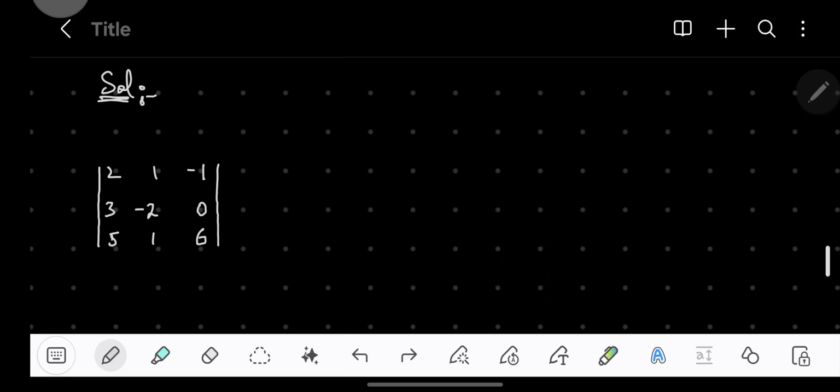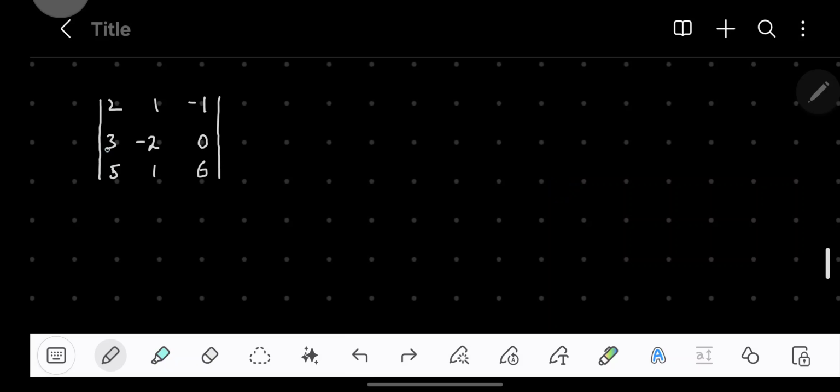So first of all, our aim is to make this entry 0. How can I make this entry 0? If I write 3 minus something times this pivot entry, which is 2, do you know what I should write here to make this 0?